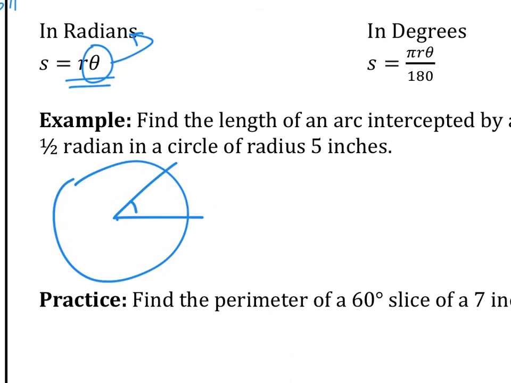How big is the angle according to the problem? 1/2 what? Radian. 1/2 radian. Not 1/2 pi. Pi is not a unit. Radian is the unit. The radius is 5. The question is, how long is this arc?